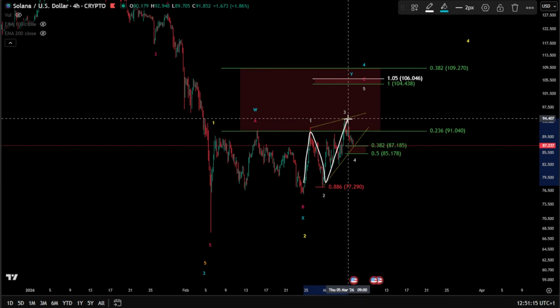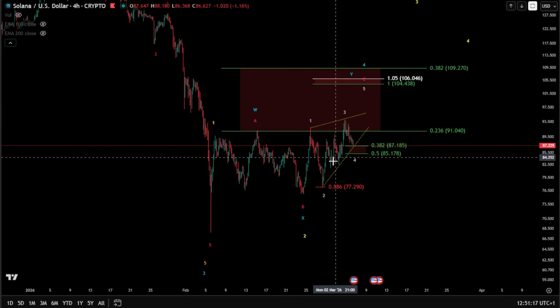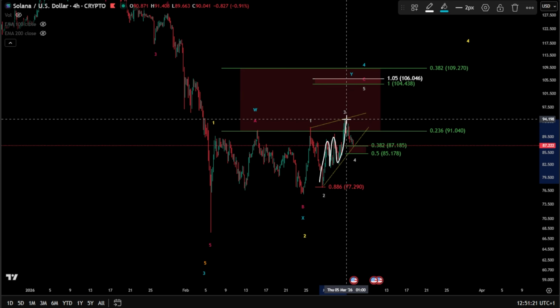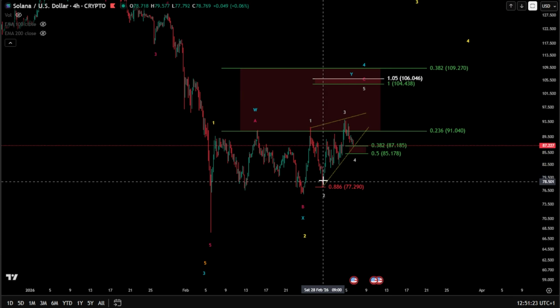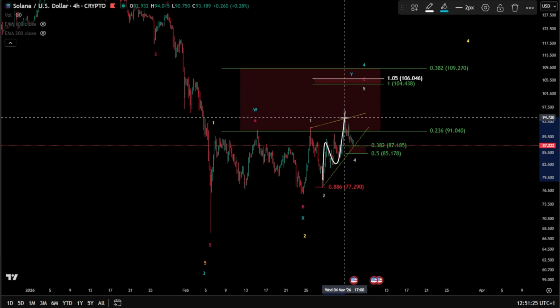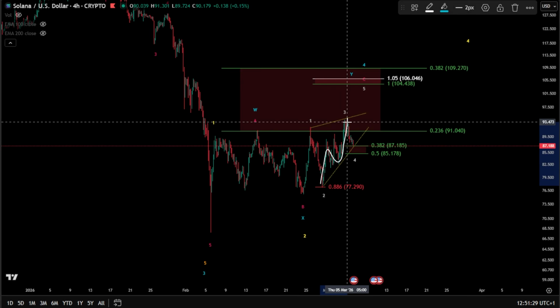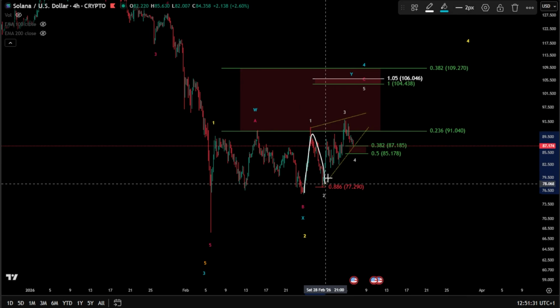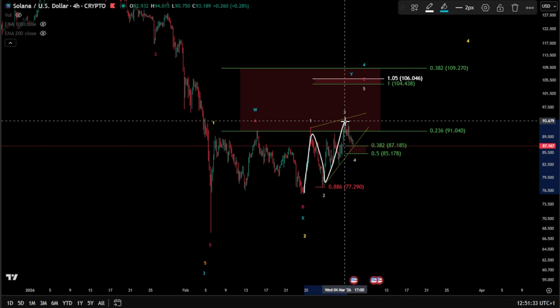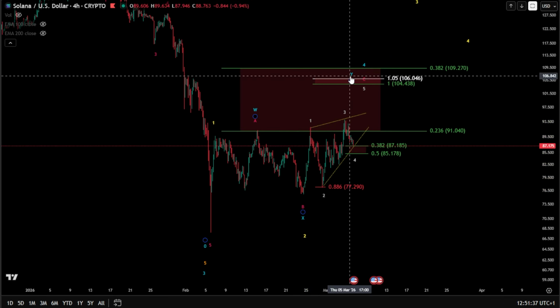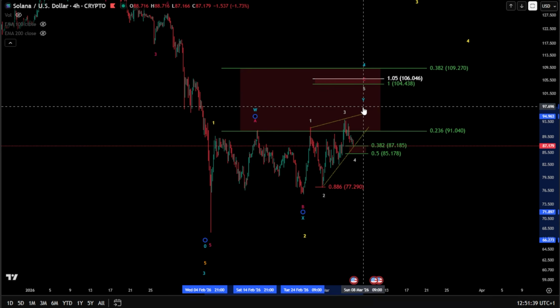A, B, and a C, but the wave C is, of course, a question mark, where you have kind of a choppiness here, and in case this is another A, B, and a C, 3 waves, in case you have a running flat here, that means this is a zigzag. It cannot be a W, X, and a Y, again, in a wave Y. Therefore, I'm still suspicious about the drop towards the downside directly.